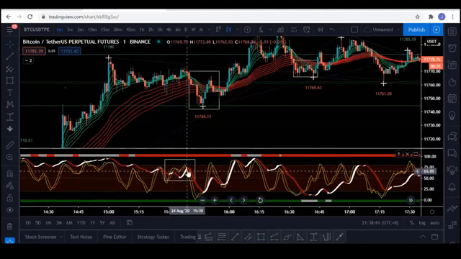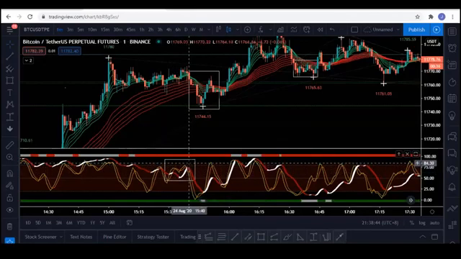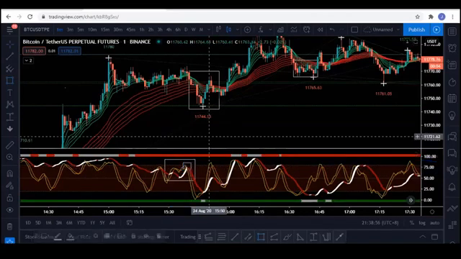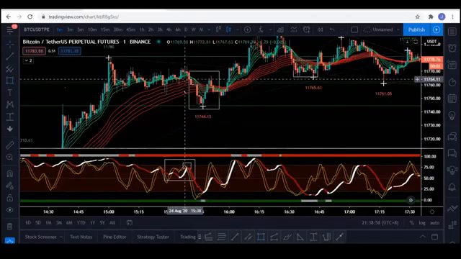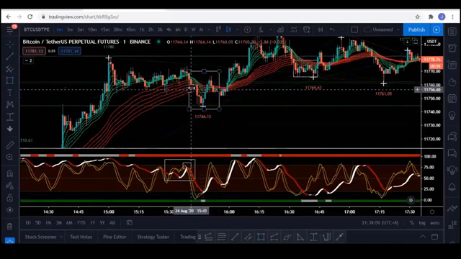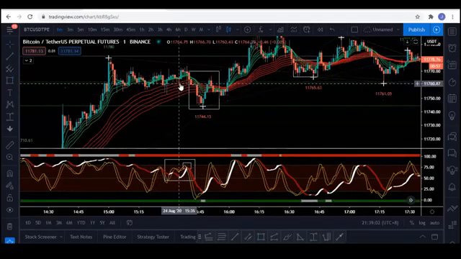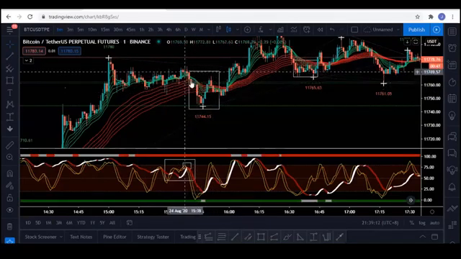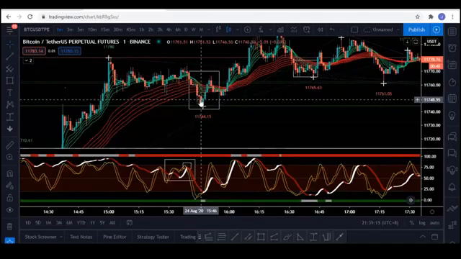And here, another crossover. This is not really a strong trend, because when you compare it to our ribbon, they are still wide. They are not forming a knot or a narrow ribbon, so this is just a weak trend.